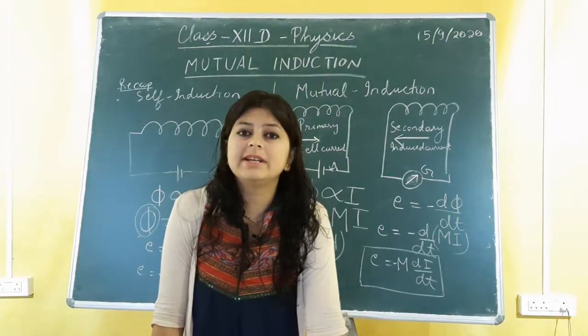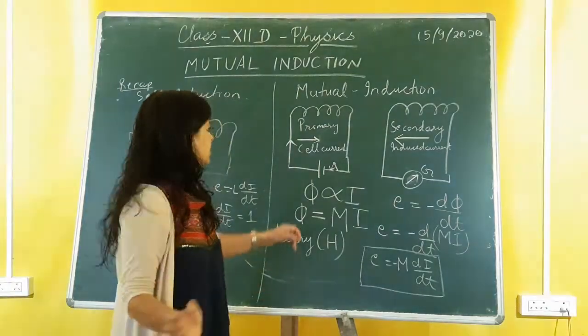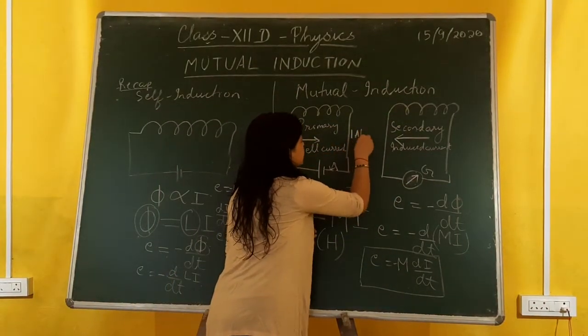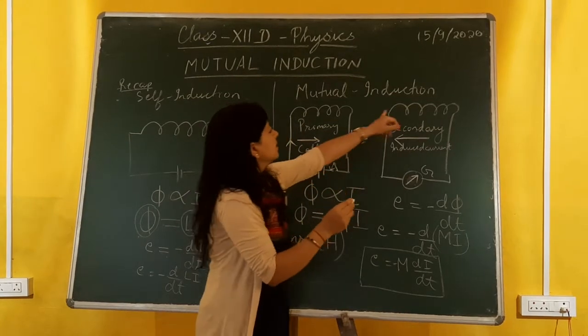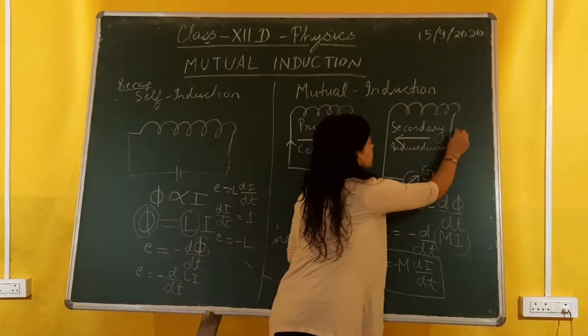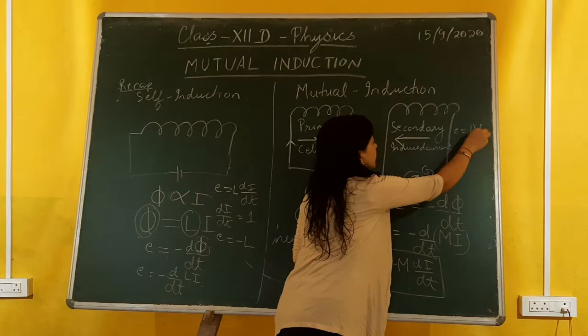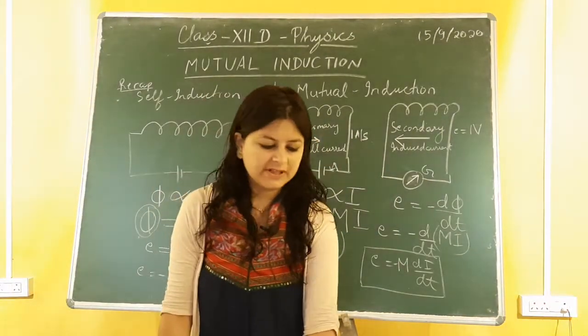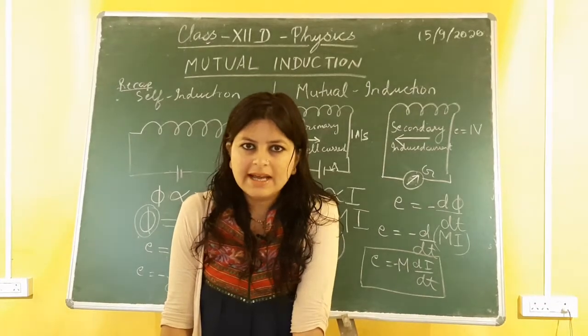So when is the mutual inductance 1 Henry? When the rate of change of current here is 1 ampere per second. Because of this, an EMF equal to 1 volt will be set up in the secondary coil. That time the mutual inductance of these two coils is equal to 1 Henry.